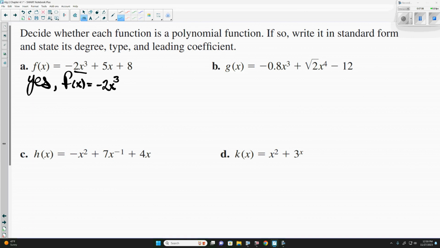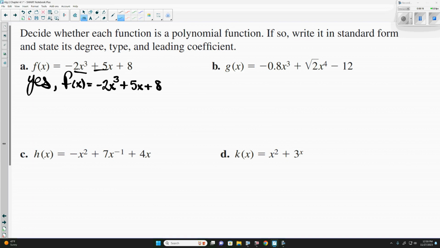If it's not there, we don't add it. But x squared would technically go next. Then we'd have x to the first, or just x, which we do have, which is 5x, and our last term is 8. So actually this one was already written in standard form. We just rewrote it back out. Okay, so it is in standard form.